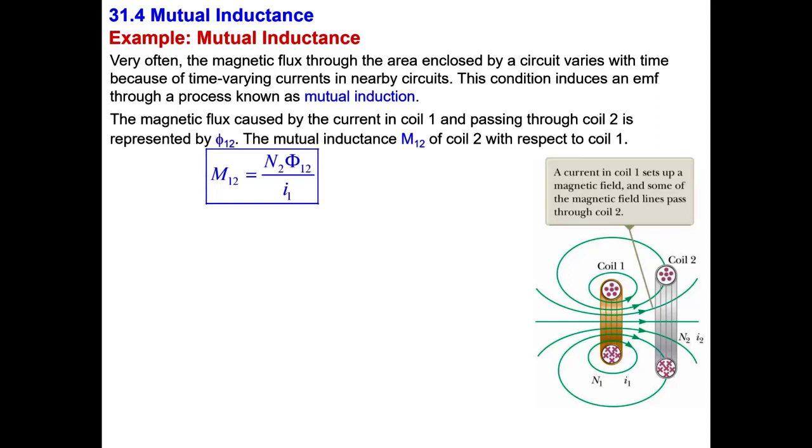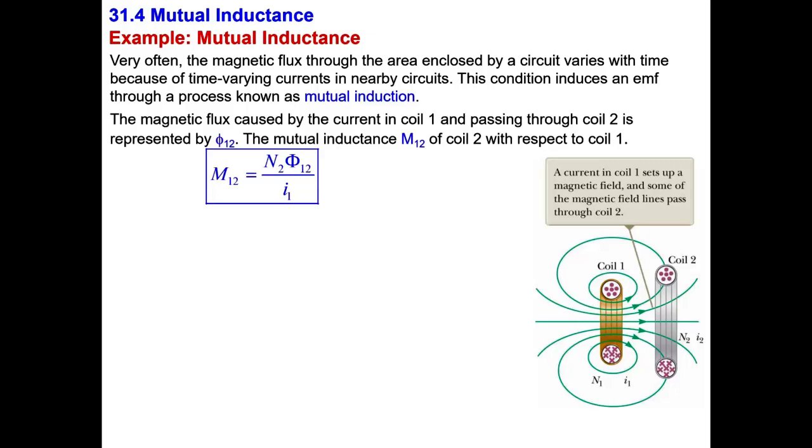In this case, the flux linkage is through coil 2. So it's the number of turns in coil 2 times the flux due to current 1 that is happening in coil 2.